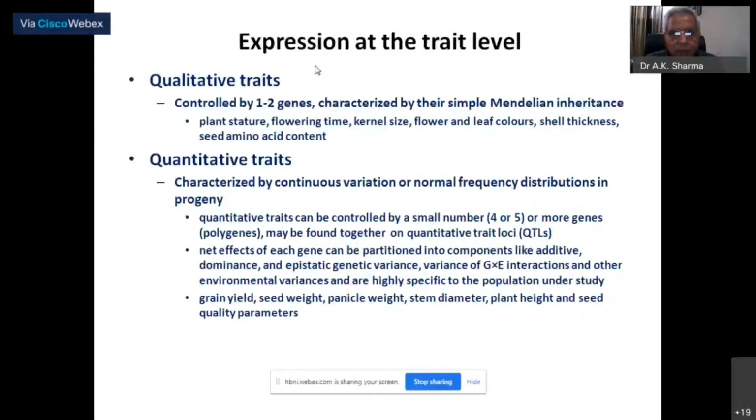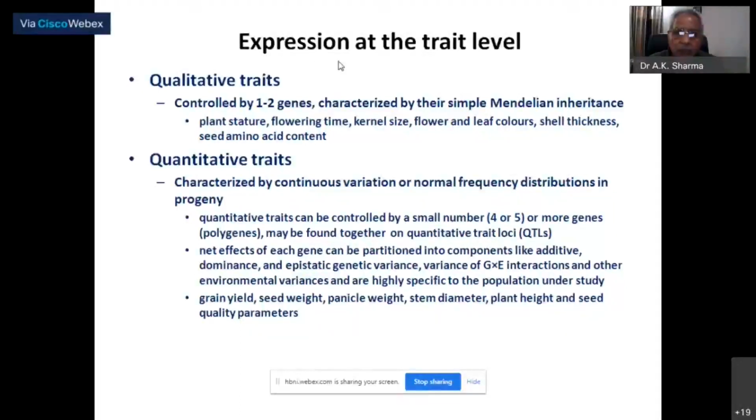The net effects of each gene can be partitioned into components like additive, dominant, epistatic. Normally the net effect is controlled by genotype and environment interaction that I told you. Some of the quantitative traits are grain yield, seed weight, panicle weight, stem diameter, plant height, and seed quality.